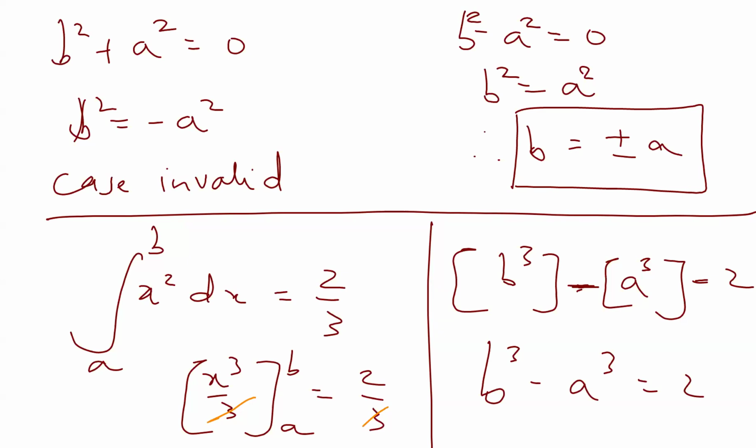Now there are two cases: b is a or b is equal to minus a. So guys, you tell me, can b be equal to a? If b is equal to a, a cube minus a cube should give you 0, but then we are getting 2. So b cannot be equal to a.